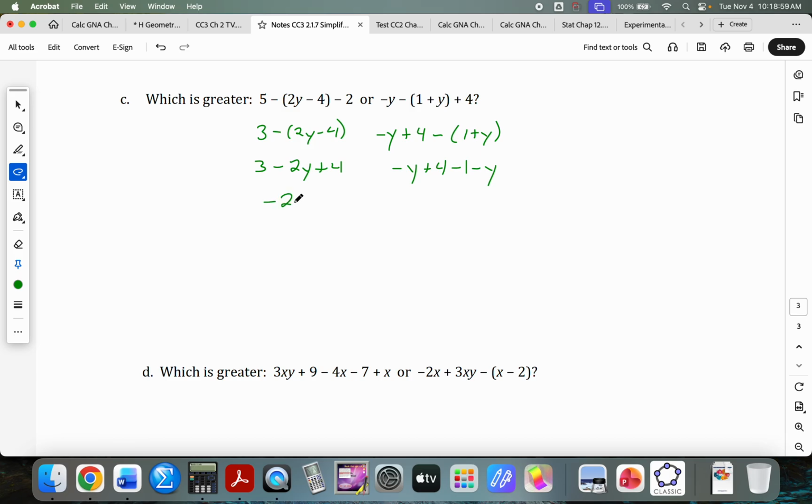On the left, it's negative 2y plus 7. On the right, it's negative 2y plus 3. So if we got rid of the negative 2y's on both sides, we're comparing 7 and 3. Which one is greater? The one on the left.